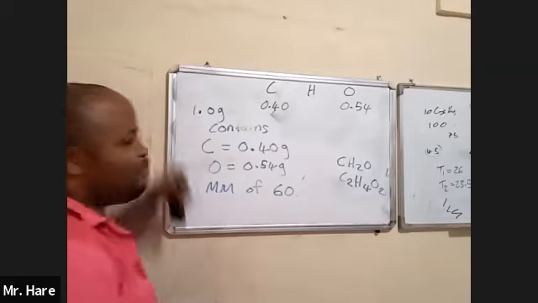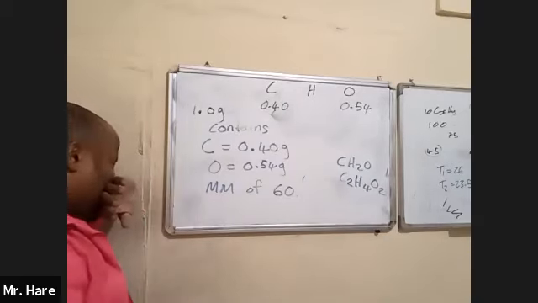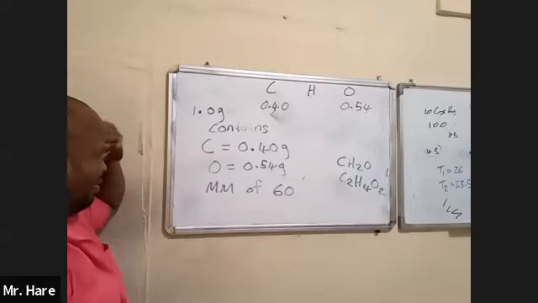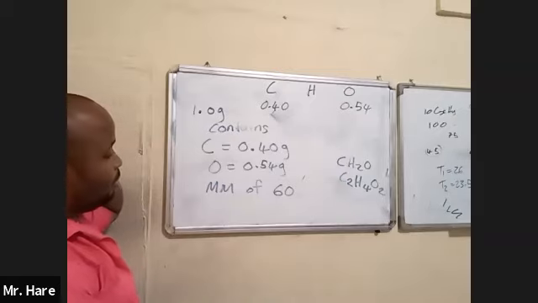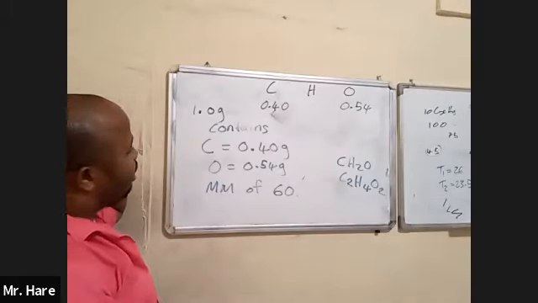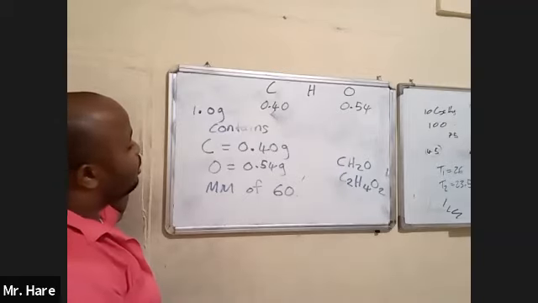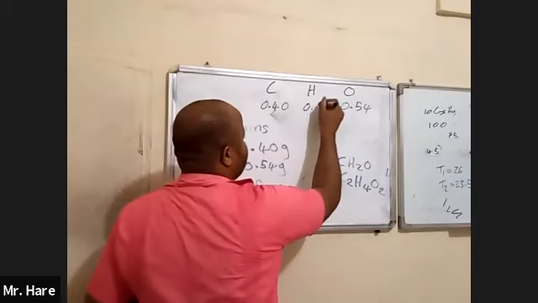How do we get the mass of hydrogen? I add the mass of carbon and the mass of oxygen and subtract it from the total mass, and I get 0.06.